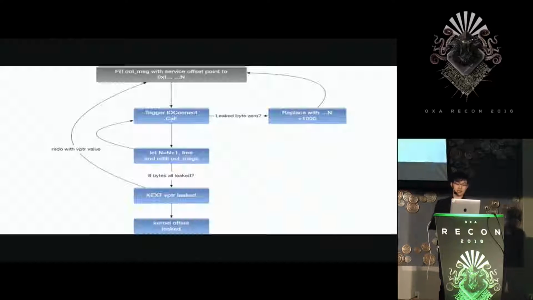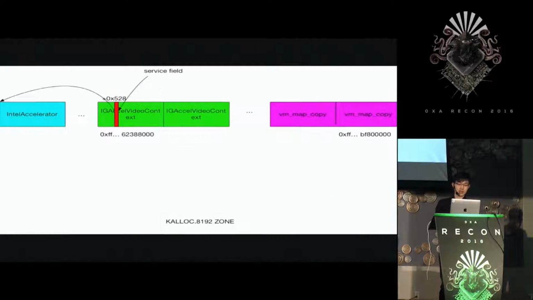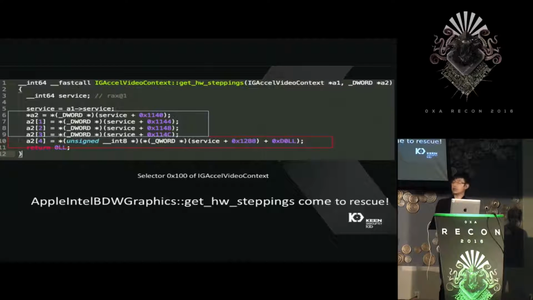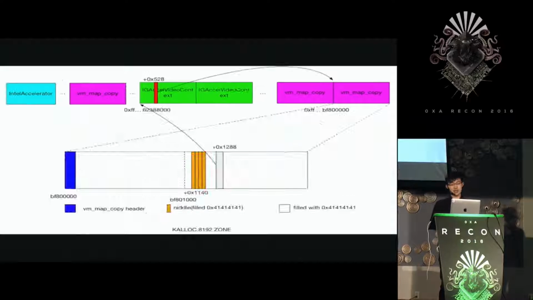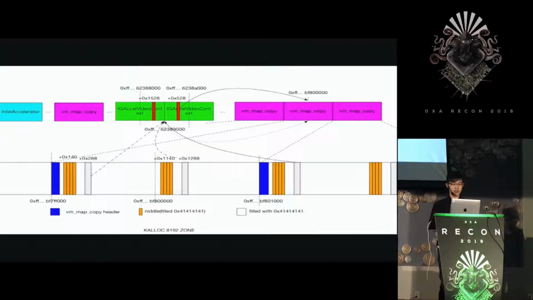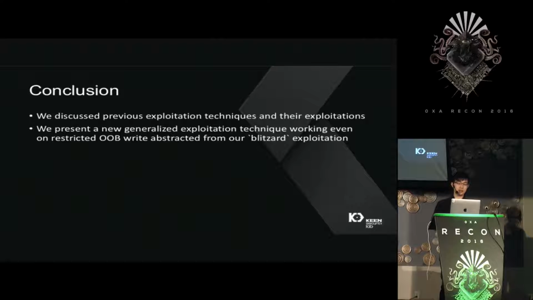The get hardware steppings function, the context finish function, and the sprays are all legitimate features in the OSX kernel and not related to any vulnerability, which means we can adopt the technique for other OB write vulnerabilities or even heap overflow vulnerabilities, so we call it a generalized exploitation approach.